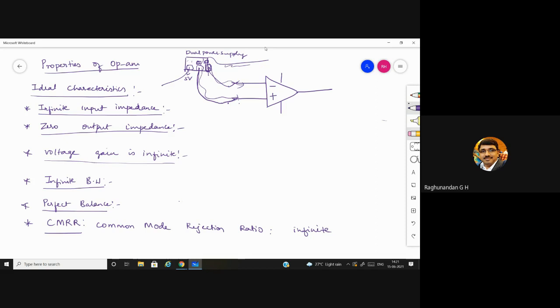So even though there will be 0 volt in the display, that internal noise is coming and adding up to this op amp's terminals. Such signals which are common to both the terminals of the op amp are known as common mode signals. They're unwanted signals which are getting added up.